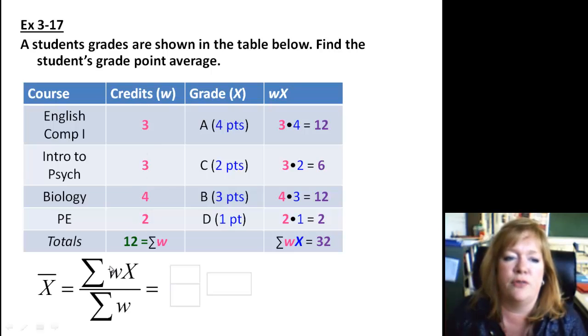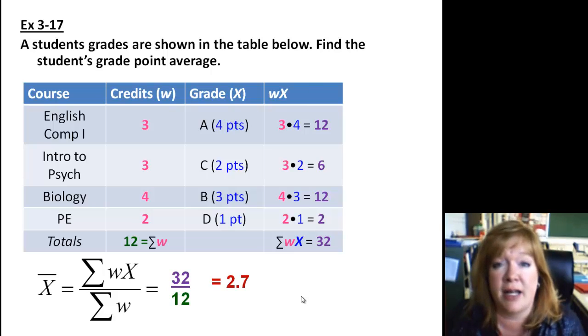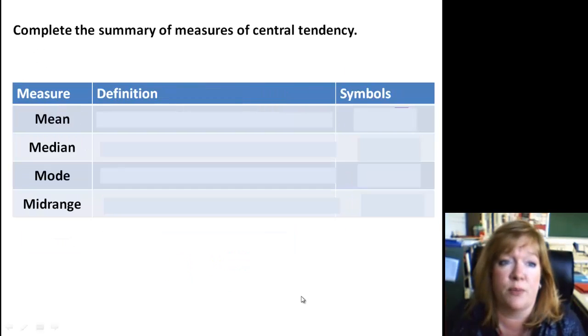When you do the formula, the weighted mean, it still looks like the mean: the sum of the weights times the data items, that's 32, over the sum of the weights, which is 12. So we're going to have 32 divided by 12, which is going to be 2.7. So this would represent a 2.7 grade point average. Anyway, it's kind of interesting. I always try to keep up with my GPA.